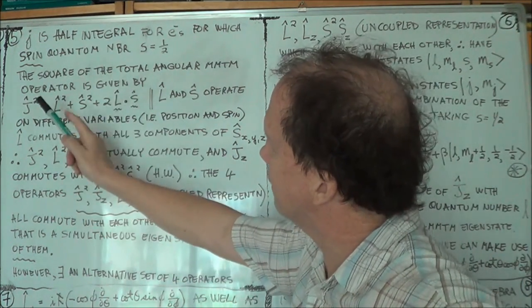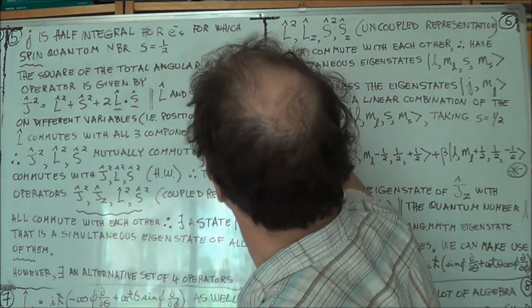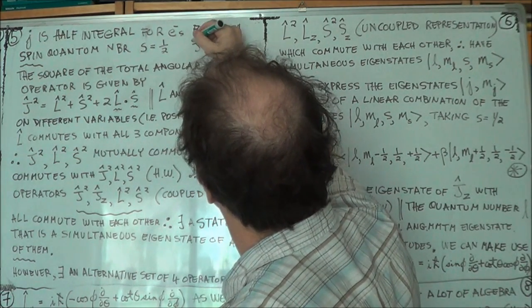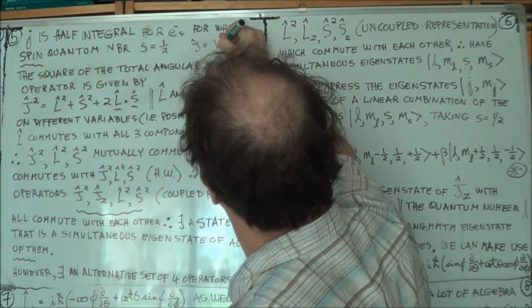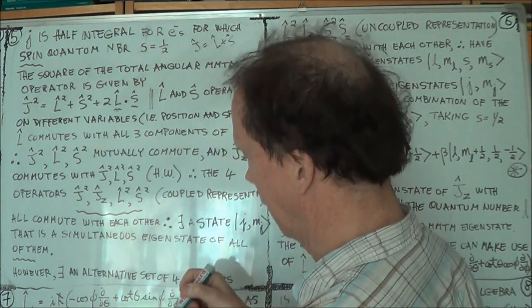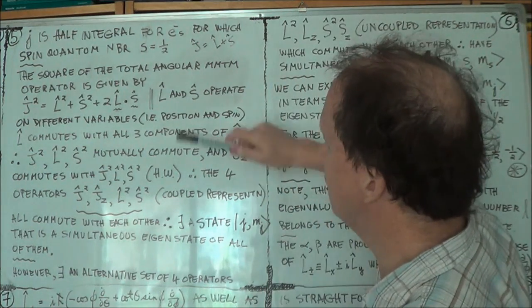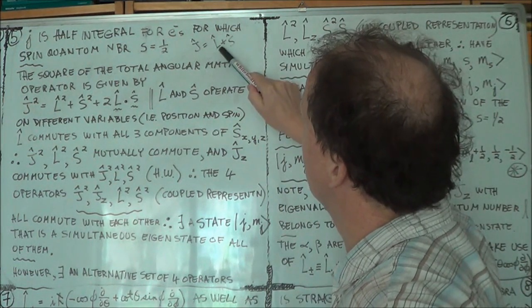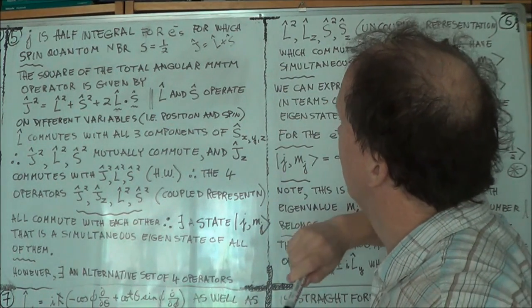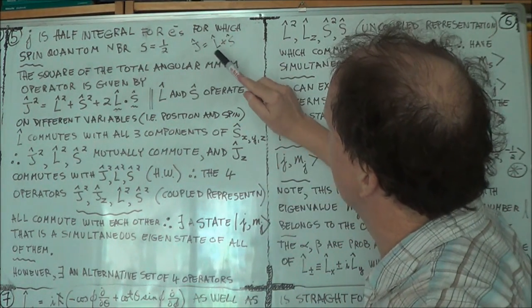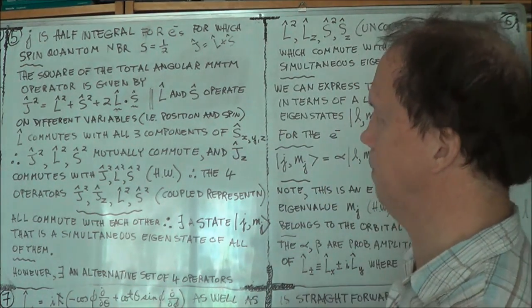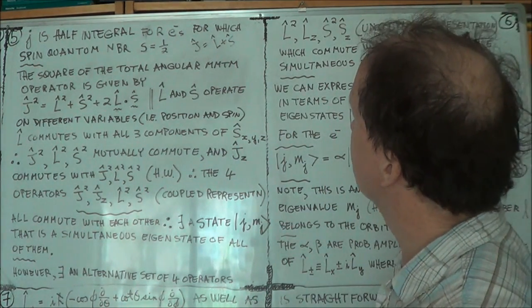So J hat is L hat plus S hat. So Jx will be Lx plus Sx, and Jy similarly, Jz likewise.